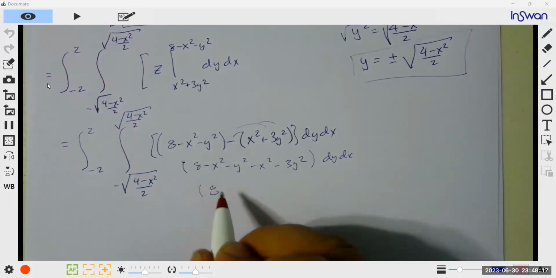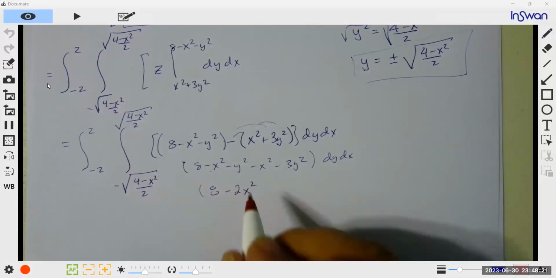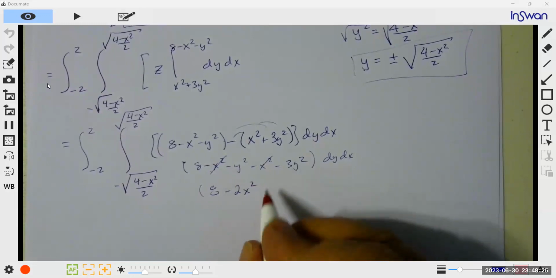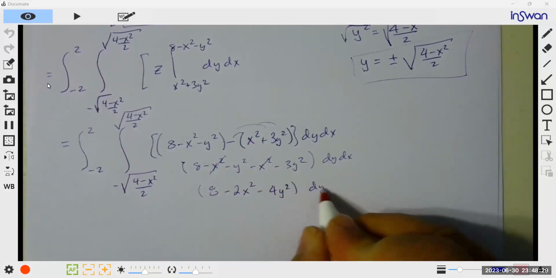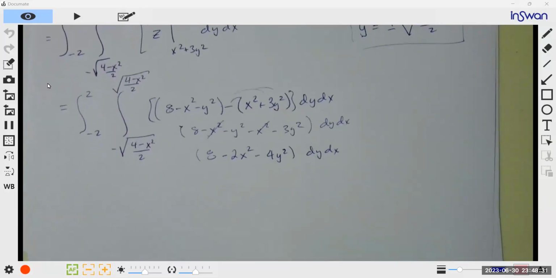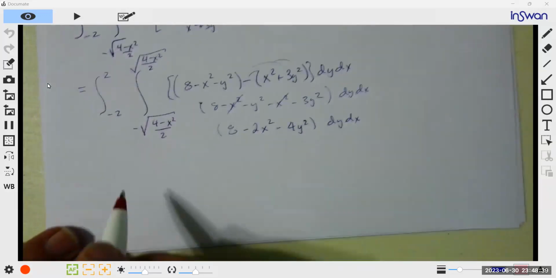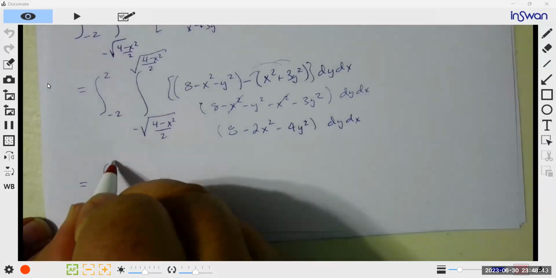So we have 8, negative x squared minus x squared, so it's negative 2x squared. Negative 1, negative 3, so it's negative 4y squared. All right, so that's what all this simplifies into.